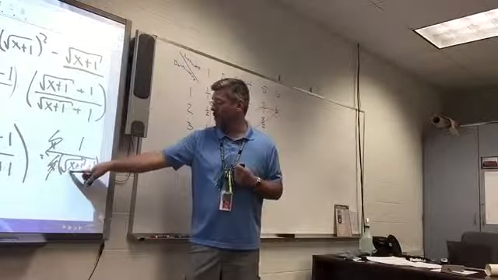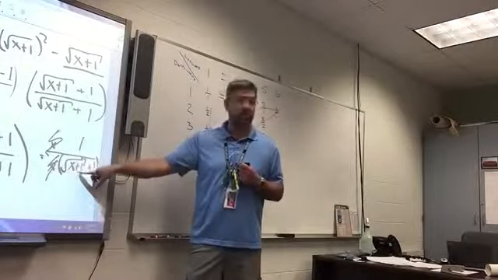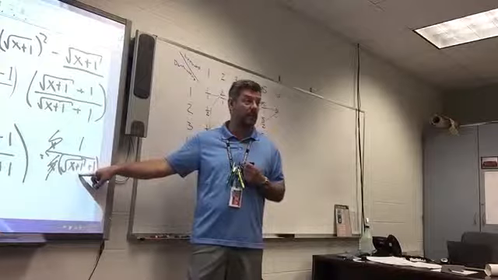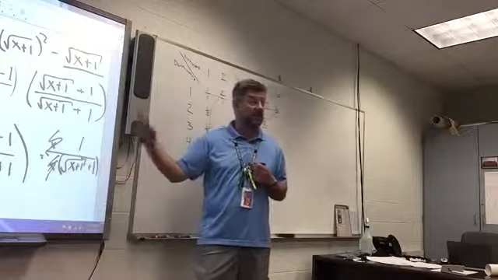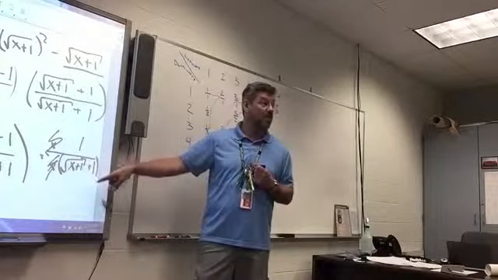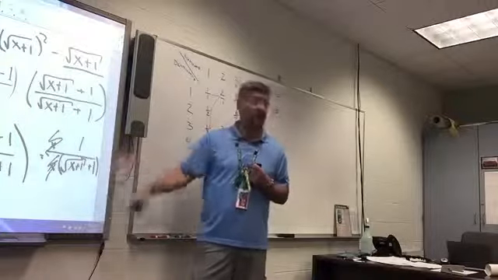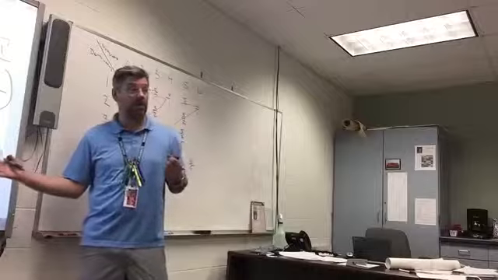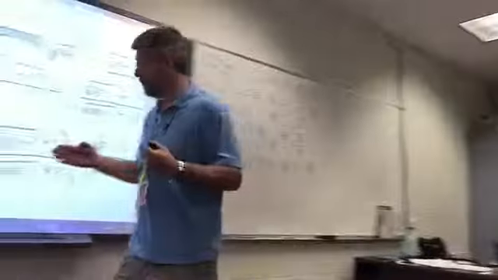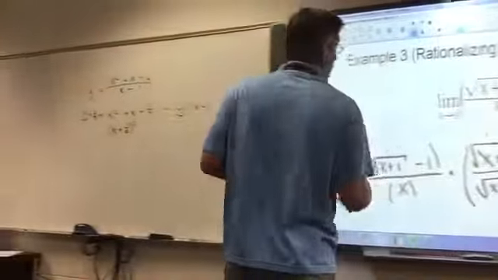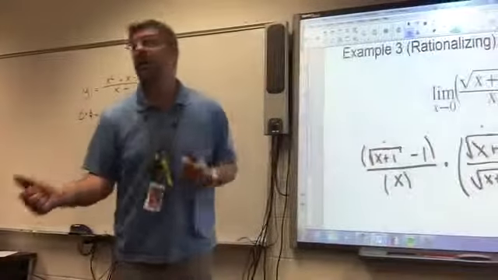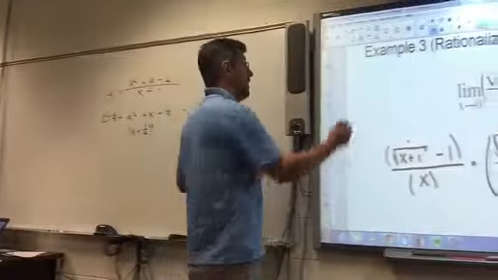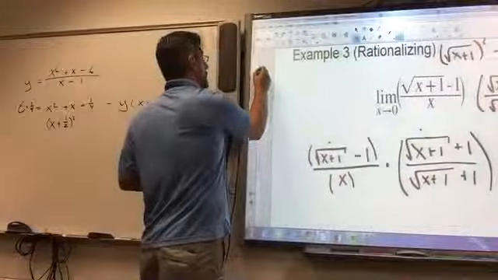What's 0 plus 1? 1. Square root of 1 is 1. Plus 1 is 2. 1 over 2. 1/2. Whoa. You see how that works? So that's another method of evaluating these limits.